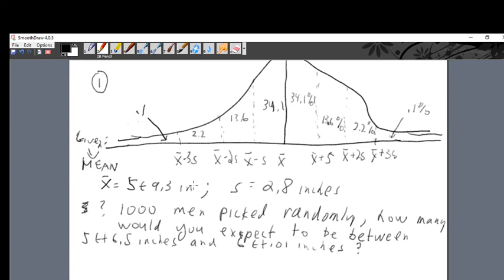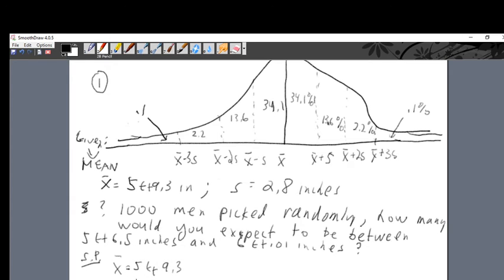Notice as follows. What is the mean? The mean is 5 feet 9.3 inches. This is scrap paper work, we're hashing it out. Now, where is 5 foot 6.5?